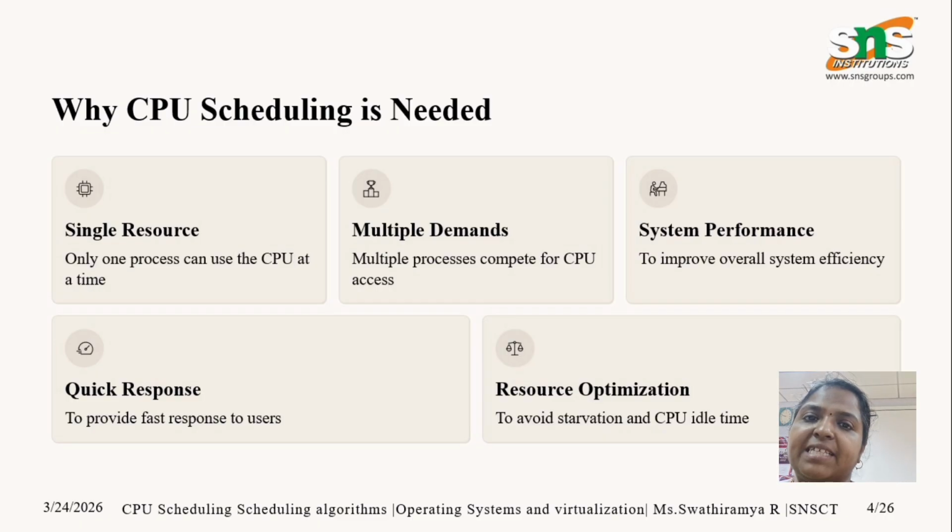The next reason is that multiple processes are waiting for the CPU. So we should have methods to analyze and pick the right process for the CPU, and also to improve system performance. The entire system performance depends on CPU utilization, process time and waiting time.